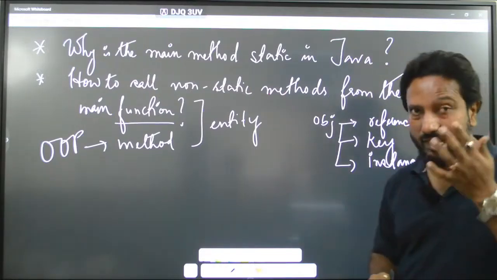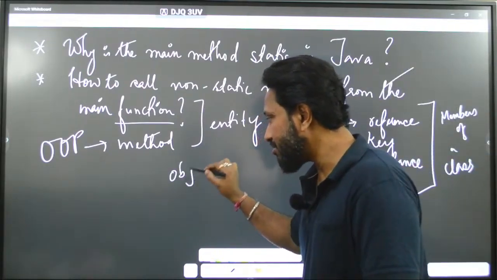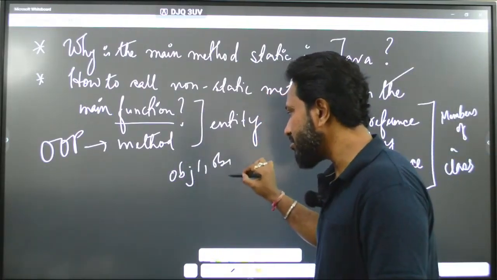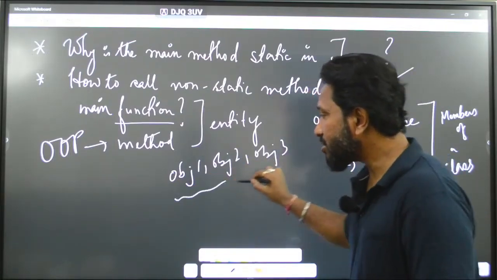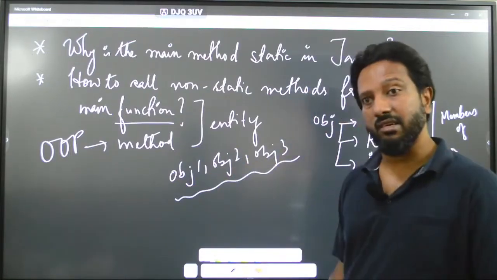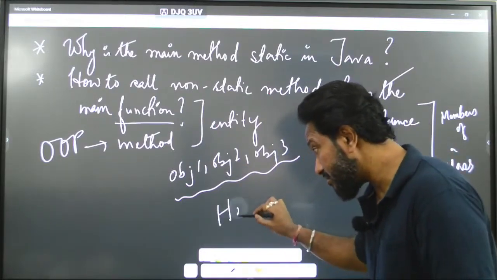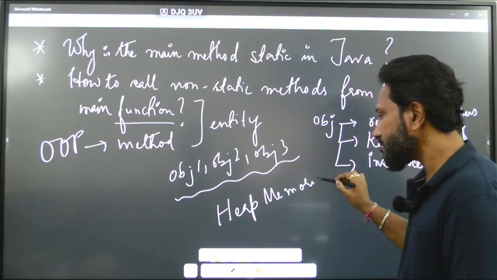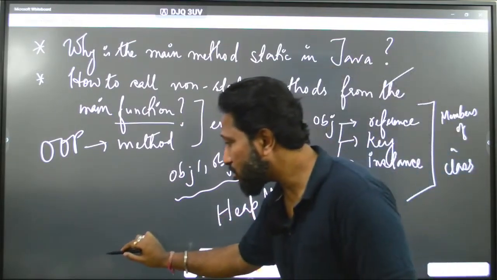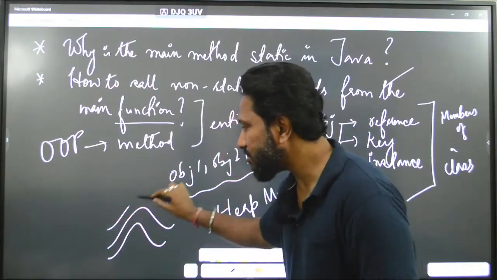But there is a catch. Whenever you create objects obj1, obj2, obj3, you are actually increasing what memory? Objects are stored in the heap memory in our computer. So more objects keep on increasing the heap of our system.